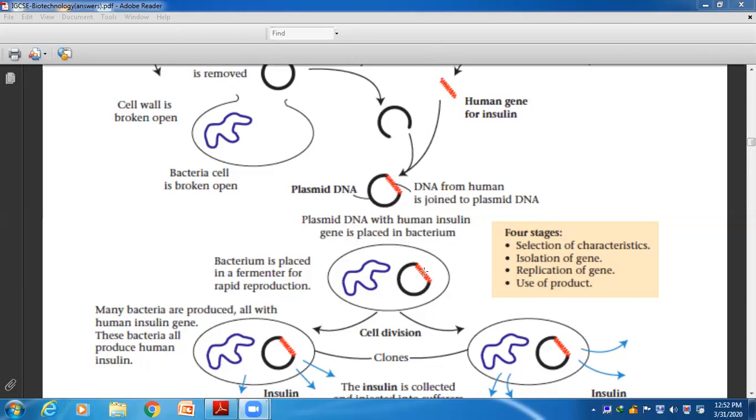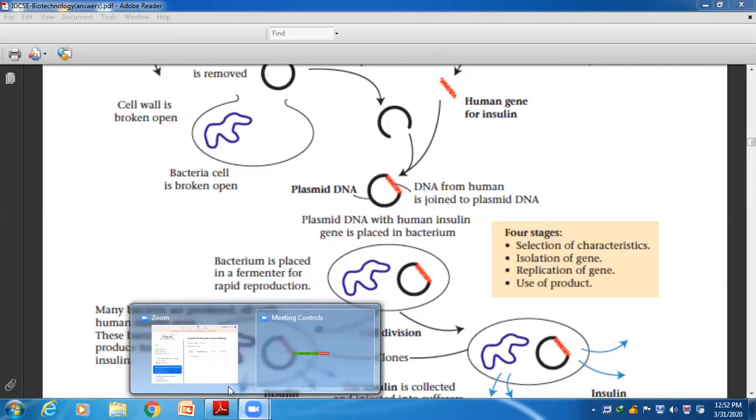Now, if this bacteria contains my gene of interest, so it means the nucleic acid. So, to all of you, the voice is not clear. The voice is not clear.